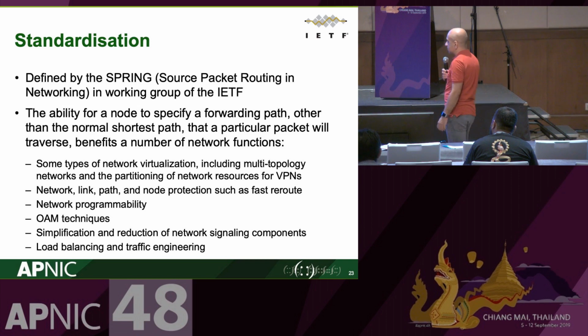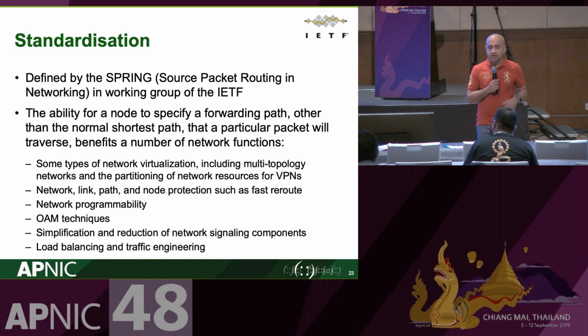A couple of other things: simplification and reduction of network signaling. We saw that with RSVP-TE, we're doing signaling. We send a path message all the way to the tail. The tail sends reservation messages all the way back to the head end. And as they go along, they create state in each of the nodes.